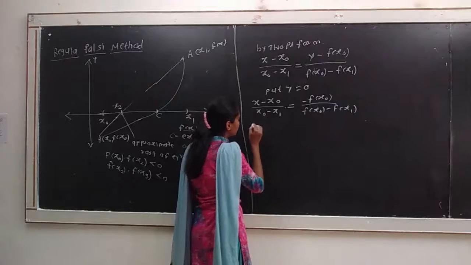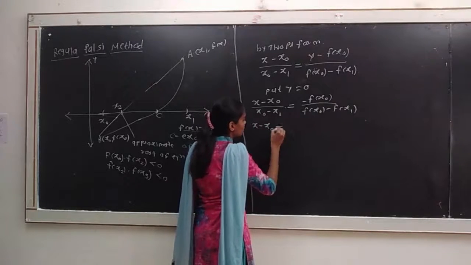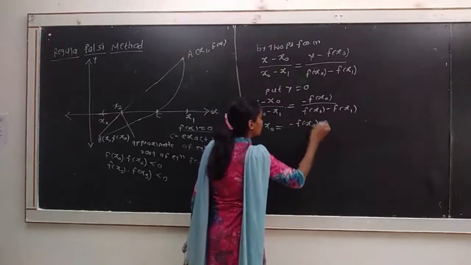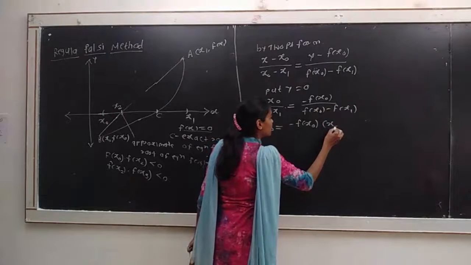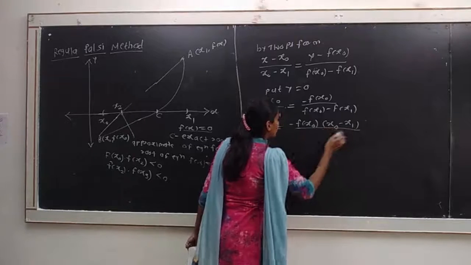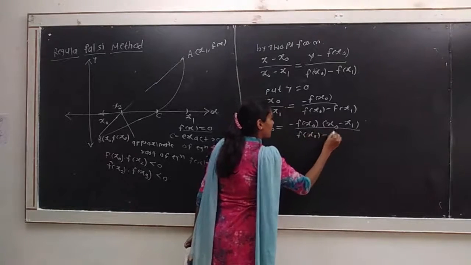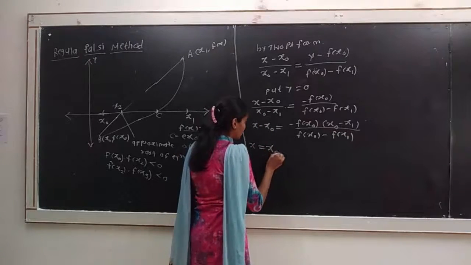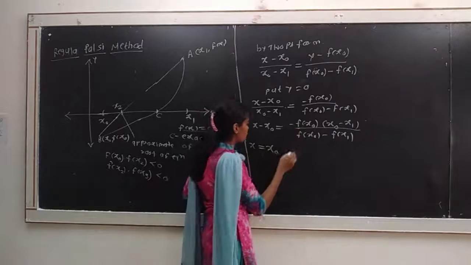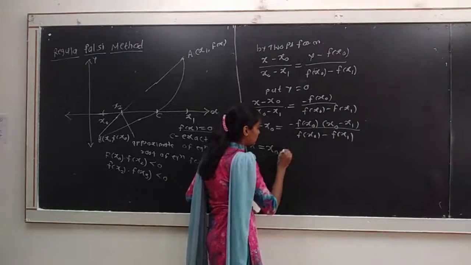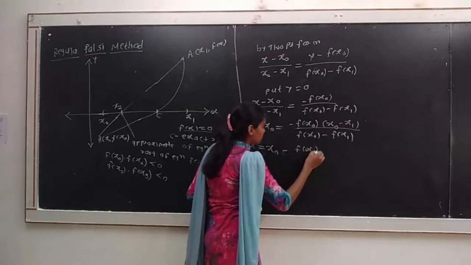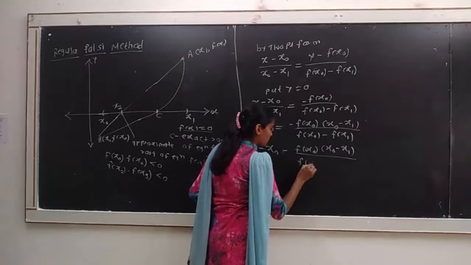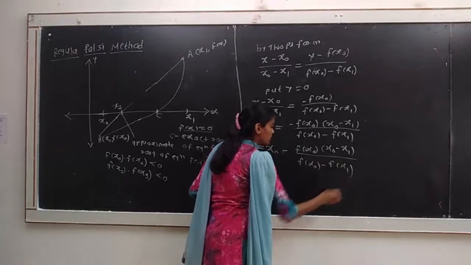Then we simplify this equation. We get x minus x0 is equal to minus f of x0 into x0 minus x1 divided by f of x0 minus f of x1. Then x is equal to x0 minus f of x0 into x0 minus x1 divided by f of x0 minus f of x1.